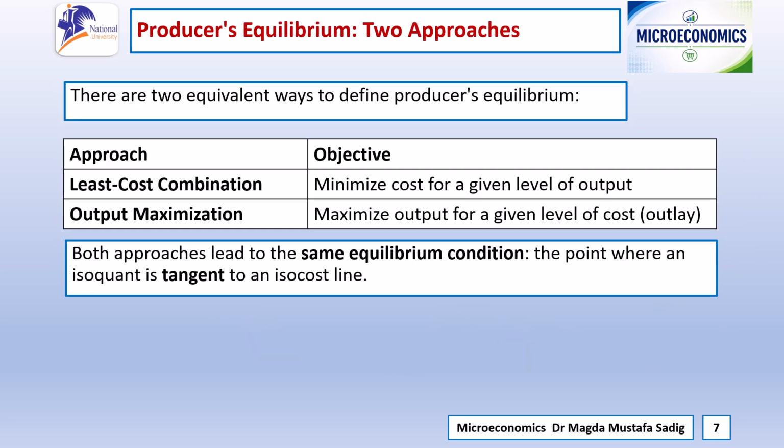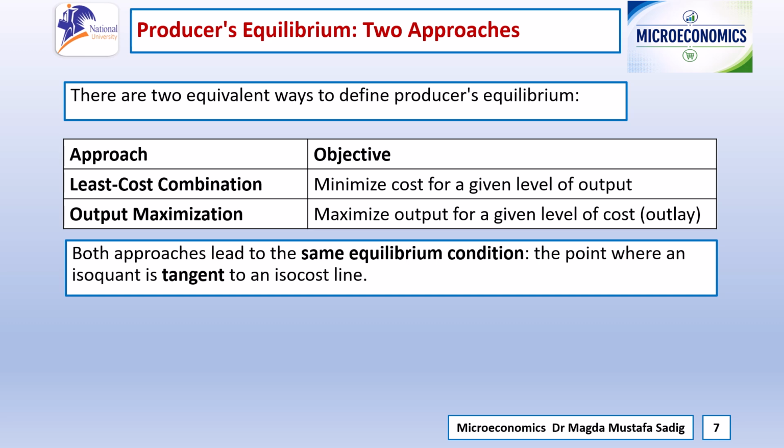Let us come to producer's equilibrium, and we have two approaches here. There are two ways to explain producer's equilibrium. Approach one, least cost combination. Here, the producer already knows the desired output level. Approach two, output maximization. Here, the producer has a fixed production budget.